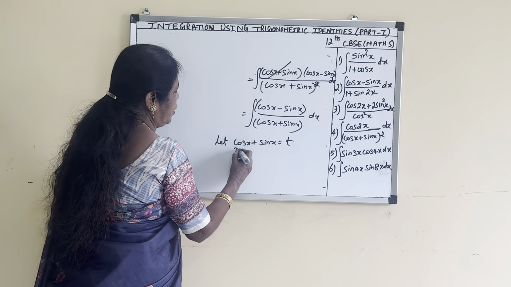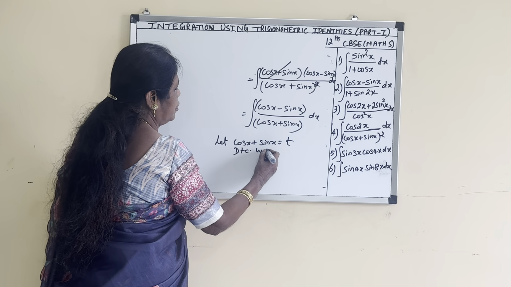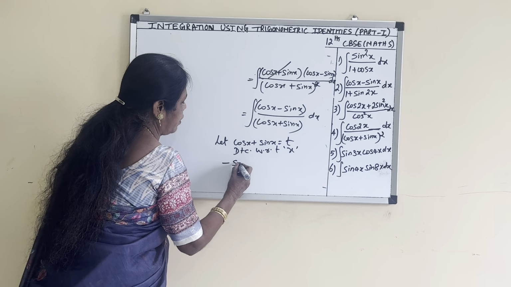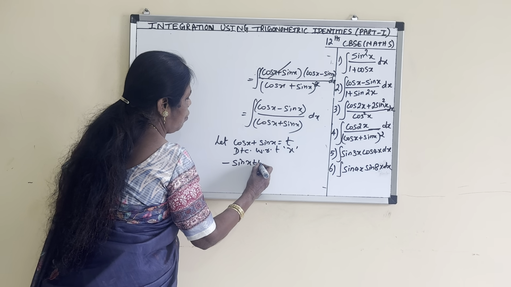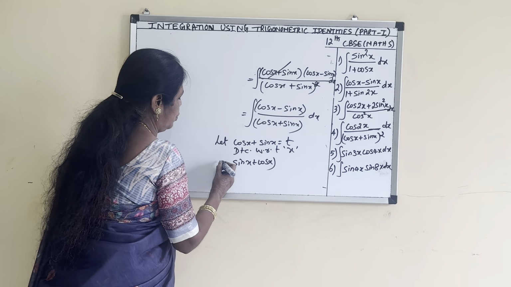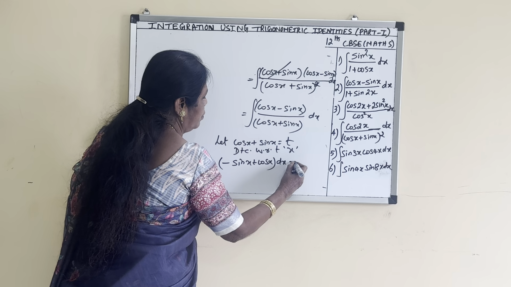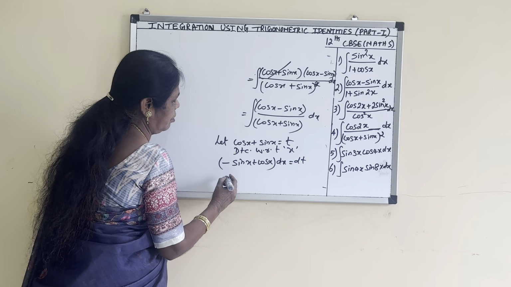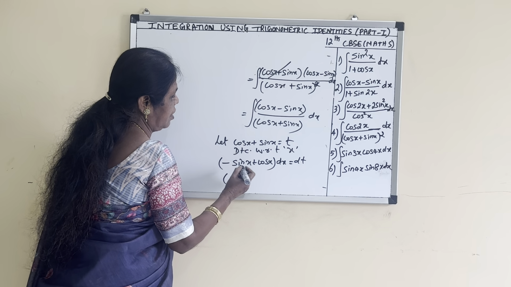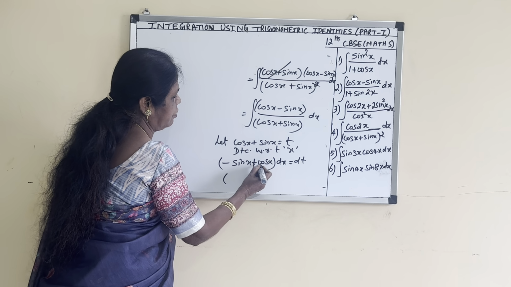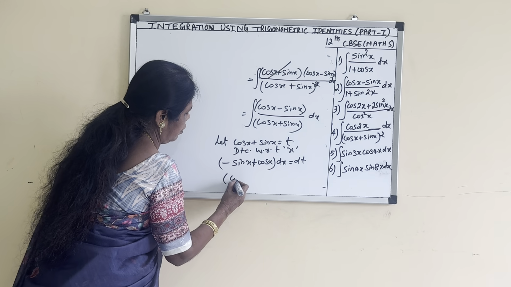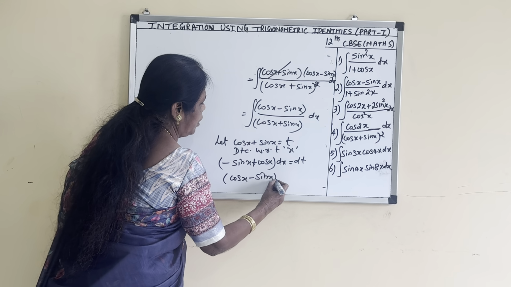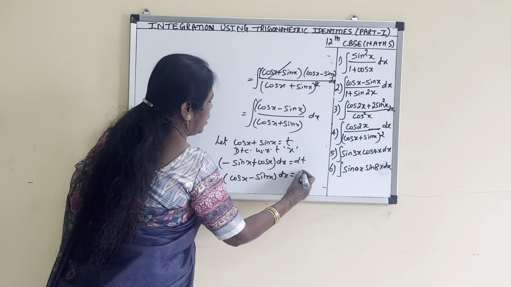Differentiating with respect to x, which will be minus sin x plus cos x into dx equal to dt. You can write the positive term first and negative term next. When you interchange the terms, you should take along with the sign. So plus cos x is cos x minus sin x into dx equal to dt.